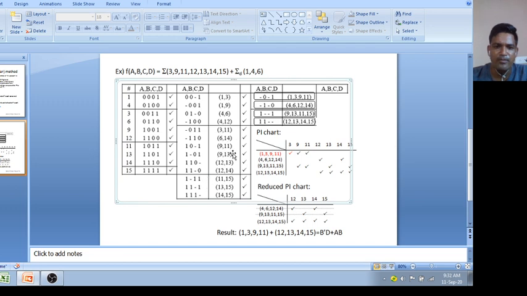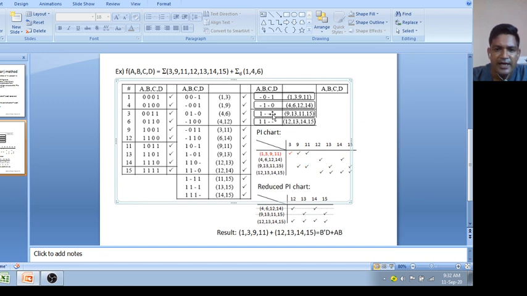Then now compare this with this group. Now not possible, just check dash, not here, not here. 9 11, yeah, 9 11 again is not possible because dash is not in the same position. 9 11 with 13 15, yes, it is possible. 9 11 and 13 15, dash is in the same position and only one variable is changing, so it will be 1 dash dash 1.